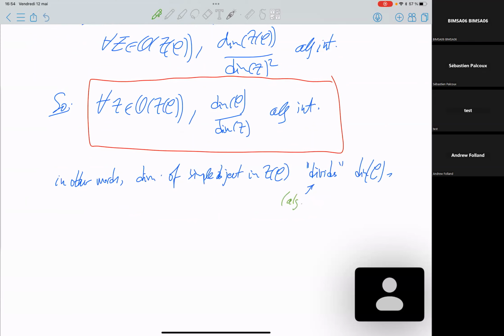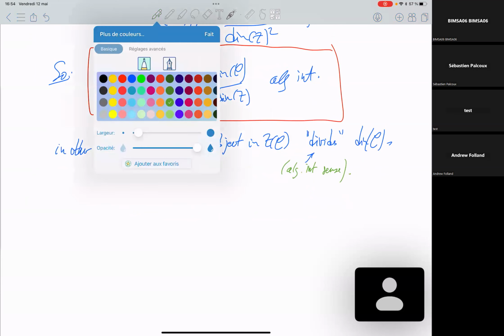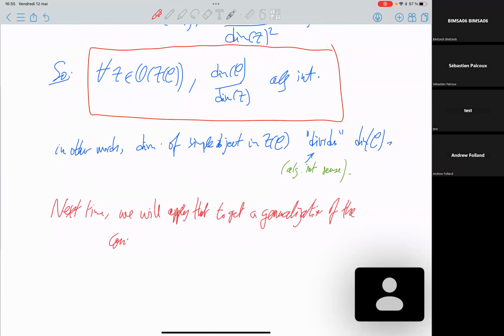And in fact, next time, we will apply that to get a generalization of the conjugacy class equation.